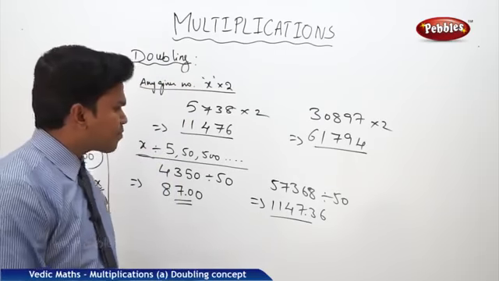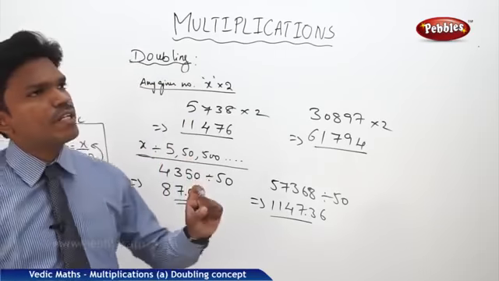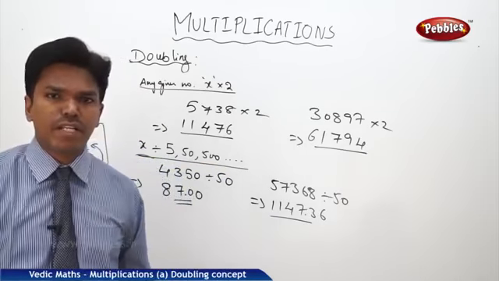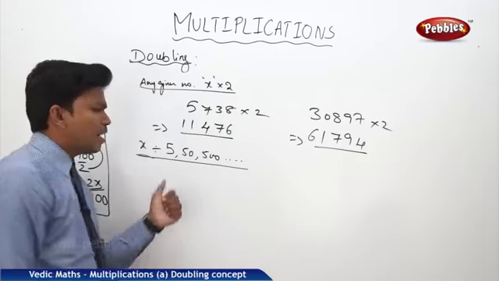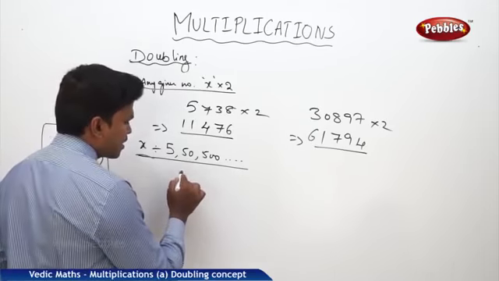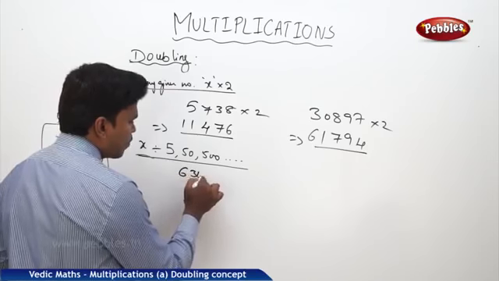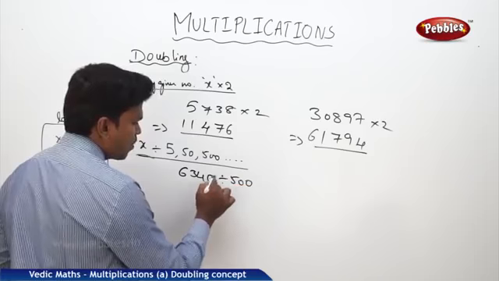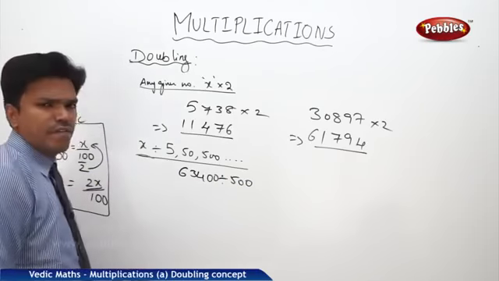Right? And how can we divide a number similarly by 500? Now we'll see one example. Now we'll see any number division by 500 this time. Let's take an example. 63400 division by 500.